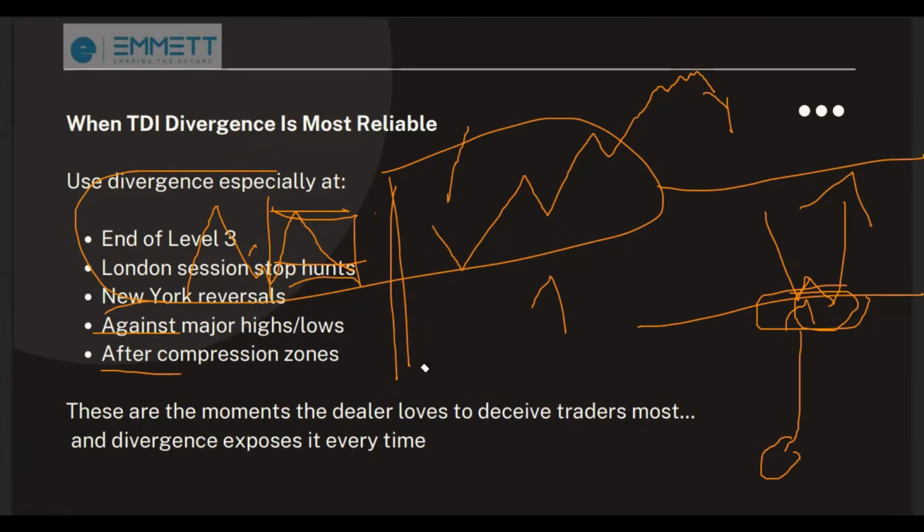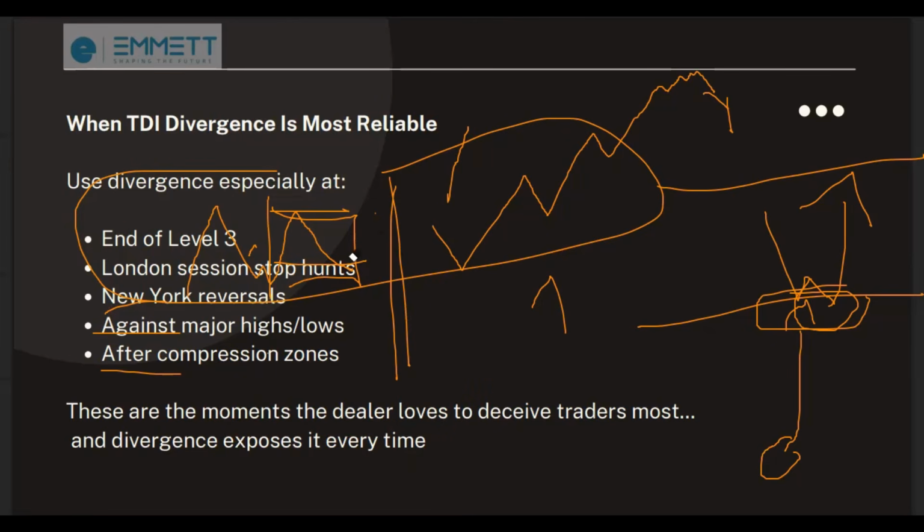Now, what we've just looked at right now is actually the moments when the dealer loves to deceive the traders most, because he knows that is the areas they are probably interacting with. For those people who are trading support and resistance, probably that's where they are most active. For anyone who is intending to probably grab some real quick profit for the day, probably those are the key levels they are looking at.